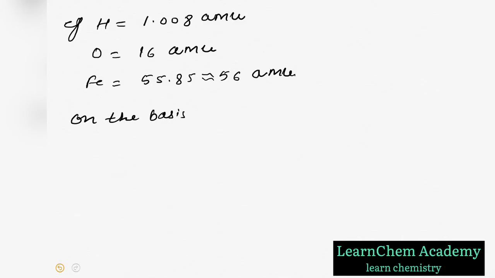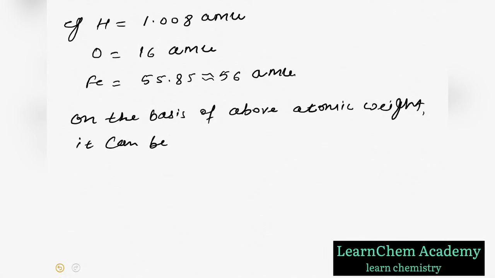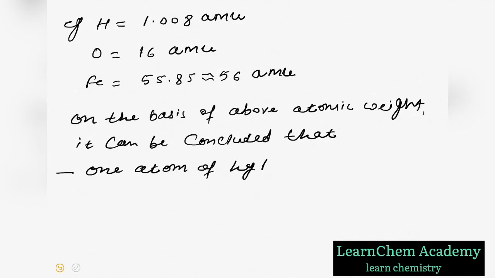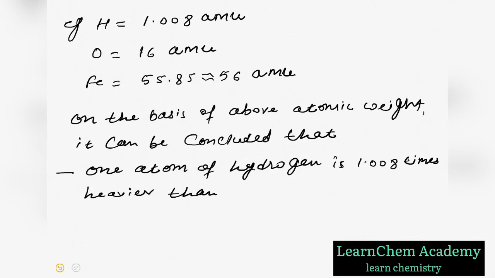On the basis of the above atomic weights, it can be concluded that one atom of hydrogen is 1.008 times heavier than an AMU.